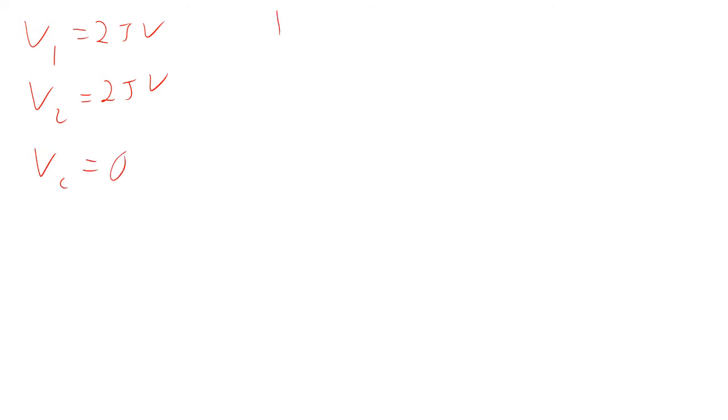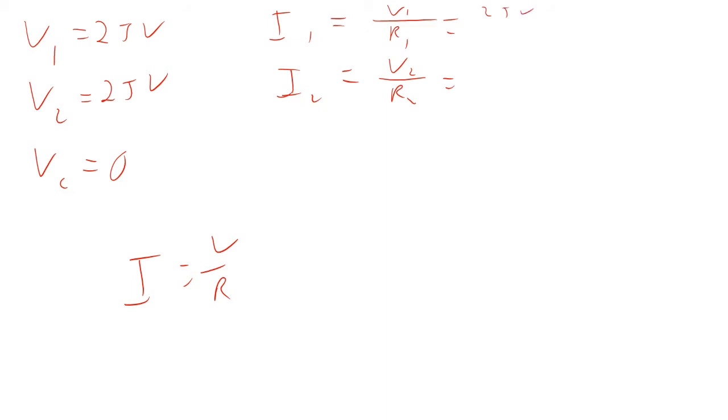What about the current on the two resistors? Well, the current equals V over R. So I1 is going to be the voltage 1 over R1. I2 is voltage 2 over R2. Plugging in the values, R1 is 250 ohms, so that's 25 volts over 250 ohms, equal to 0.100 amps.